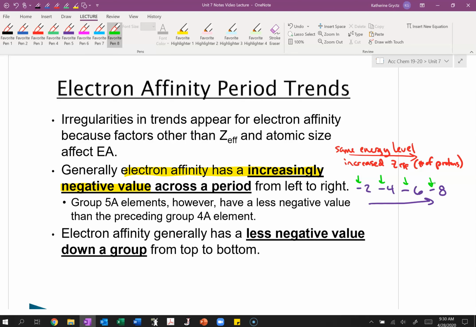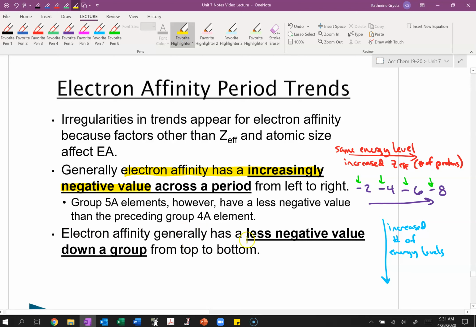the protons. And then as you go down the periodic table, remember that the elements are arranged so that we have an increased number of energy levels. So the valence electrons, where you would put a new electron if an atom were going to get one, are further and further away from the nucleus, so that nucleus has a smaller and smaller attraction for new electrons.